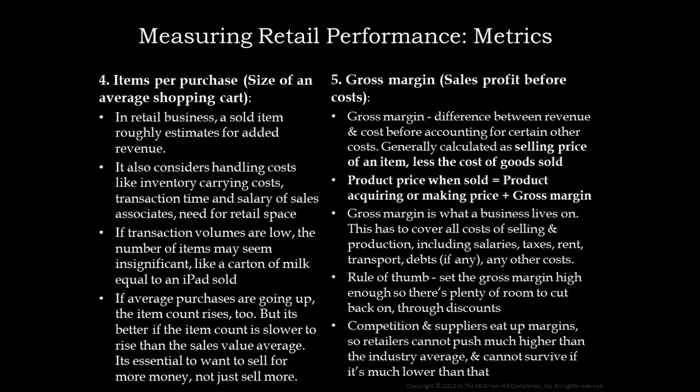Point 2, product price when sold is equal to product acquiring or making price plus gross margin. This is where retailers can play with the maximum retail price, the MRP, or give a discount, because they get it from the wholesaler at a particular price, and the margin is added. They have to make a profit.